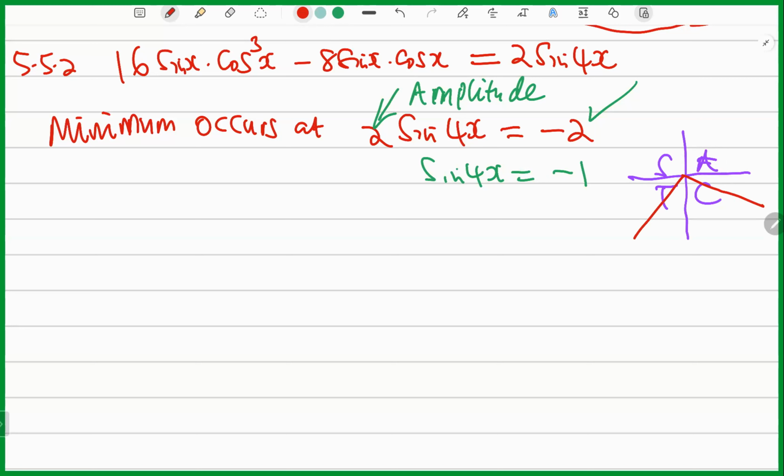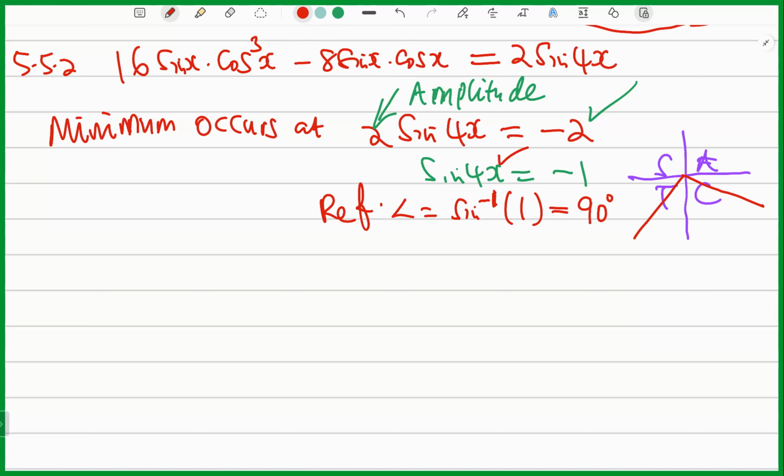First you must get the reference angle because you're looking for the values of x. The reference angle is arcsine of 1. What is arcsine of 1? It is exactly 90 degrees.